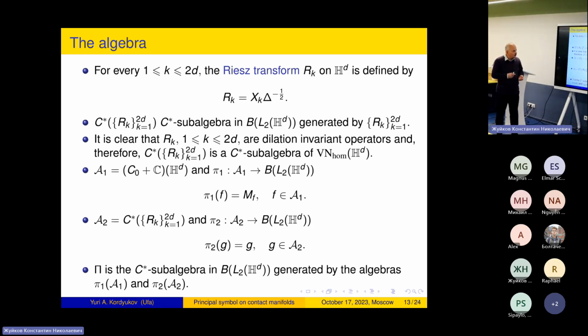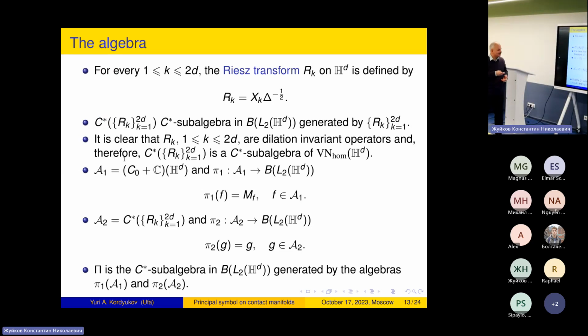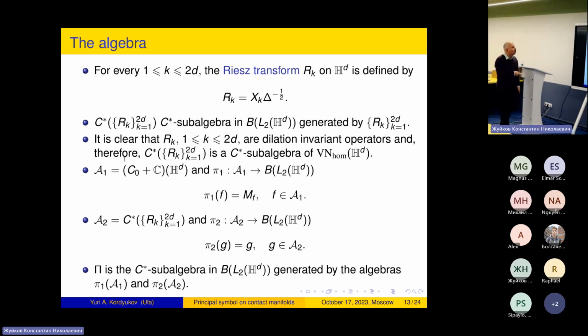What does it mean, generated? So I take the sum of finite products, phi 1 of f times phi 2 of g, and then I just take the uniform closure. So this will be my algebra of zero-order pseudodifferential operators, with the closure already taken.